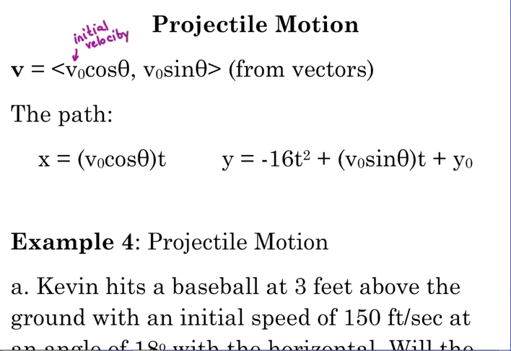We multiply it by the cosine of the angle, or by the sine of the angle, and we get the horizontal component versus the vertical component. You have to split them apart.